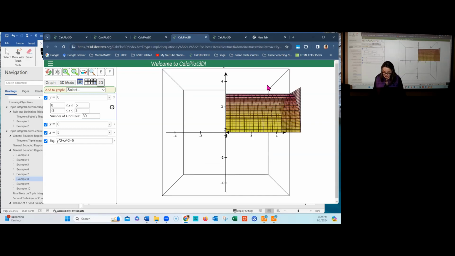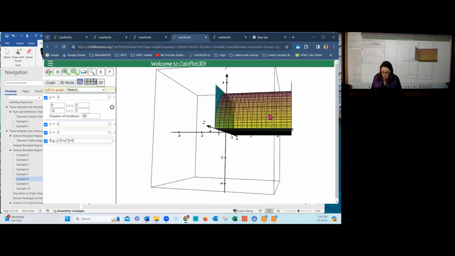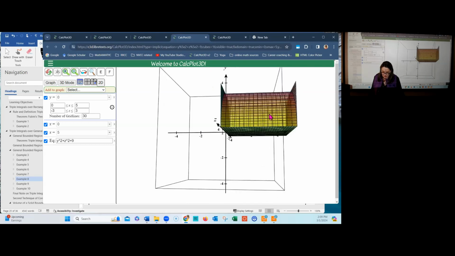Now, it's off a little bit because CalcPlot 3D is trying to represent a three-dimensional shape in what is essentially 2 dimensions. So you get some aspects. But basically, you're looking at this semicircle from the side. So what you're really getting, if you're really thinking about it right, is a rectangle.